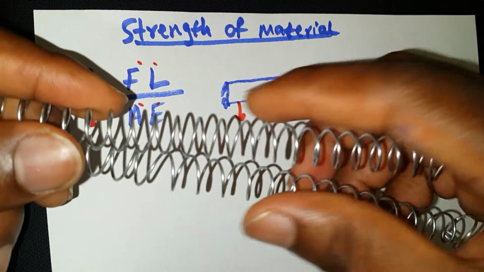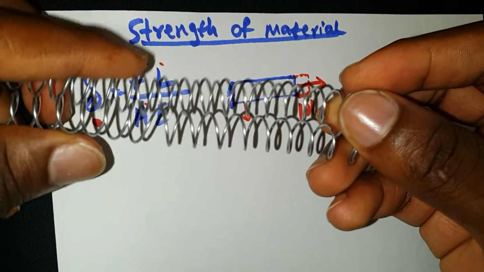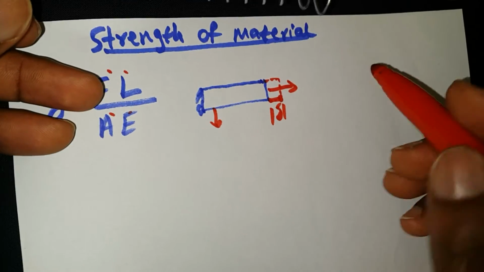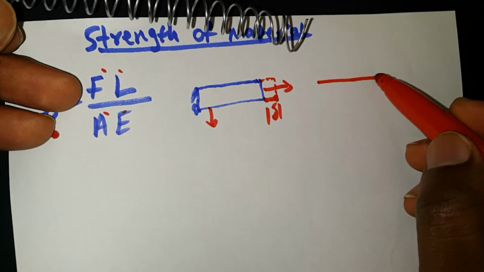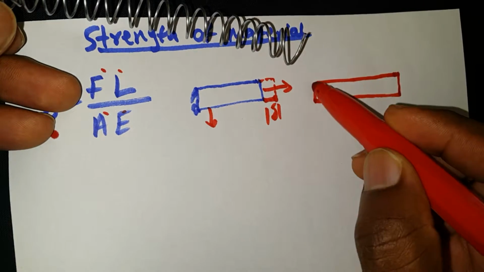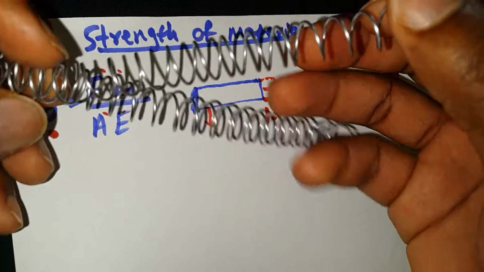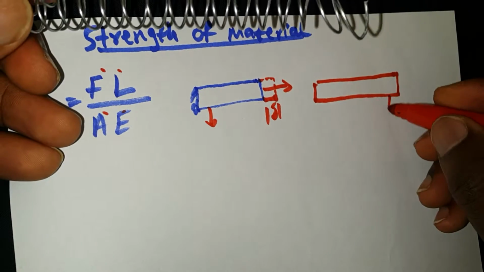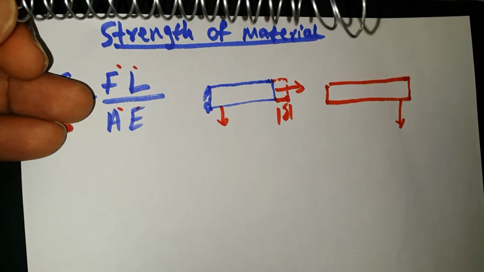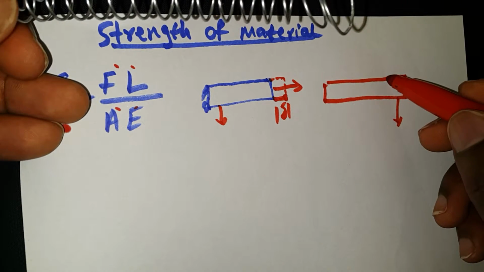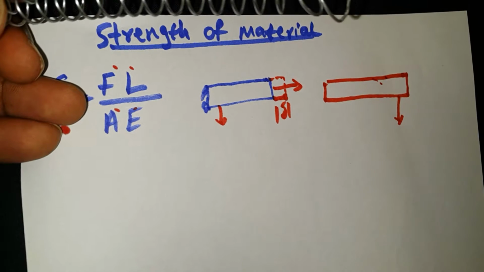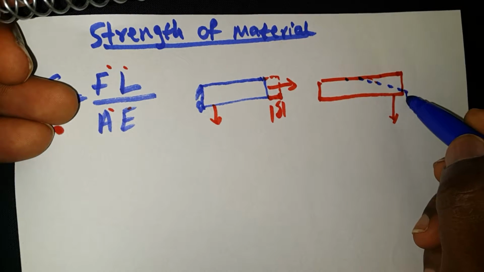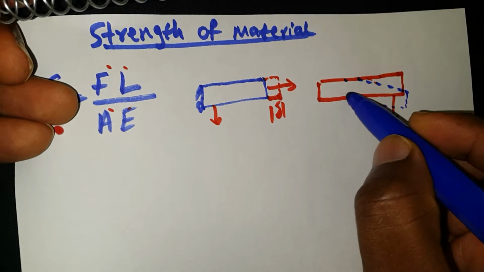So for this one now, you know that if you apply a force, let me use this. For example, this is a member, the one I'm trying to talk about here. If you apply a force here, you will find out that this place will come down, and this place will go up.